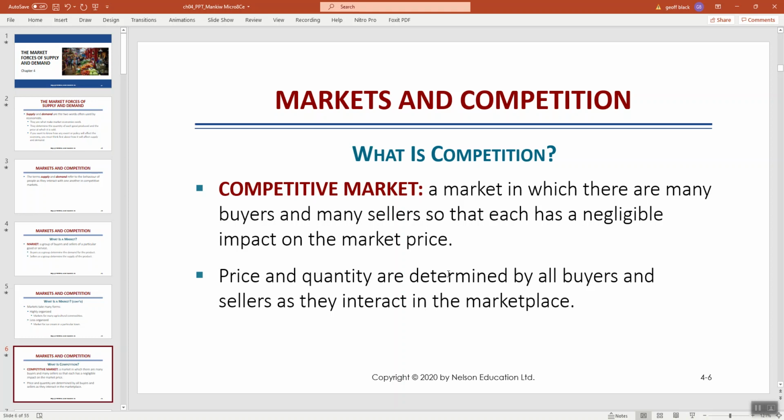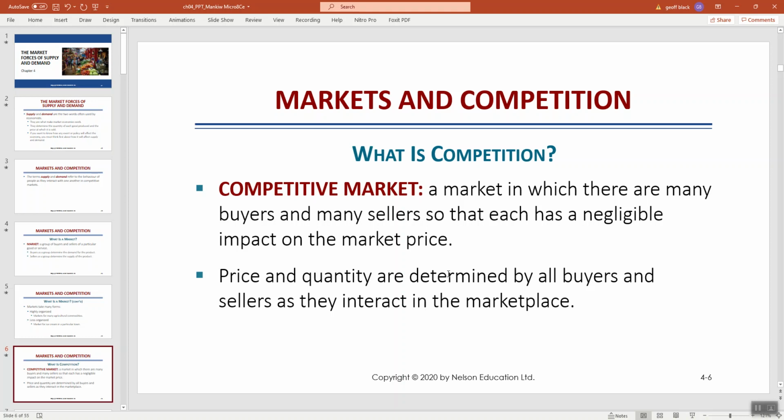If they have a dominant market share, then they could influence the price solely by their actions, and we don't want that in a competitive market. In fact, in a perfectly competitive market, buyers and sellers each operate on the same basis. They all have the same market share, right?